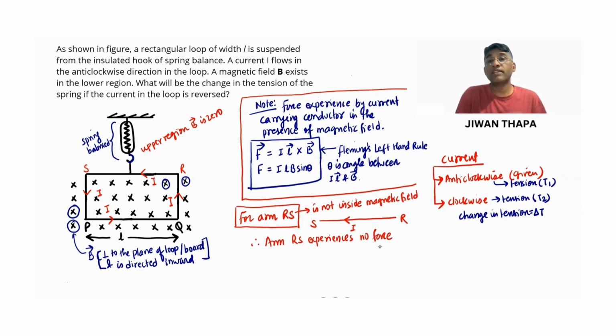This is to be noted. We do not find force for arm RS even though it is carrying current I, because it is not inside the magnetic field. Clear? Now we go for arms QR and SP.